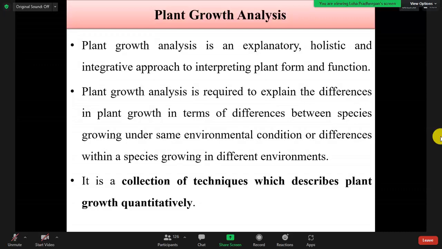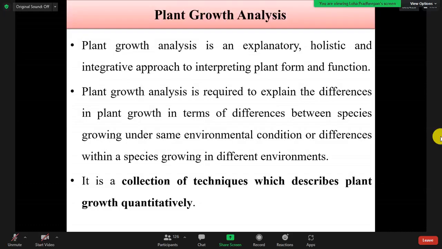So even the different species within the same environment, how it's performing, or the same species in a different environment, how they are performing, we can do the analysis. So simply we can say plant growth analysis is the collection of techniques we utilize to describe plant growth quantitatively, because I already told you plant growth is measurable.